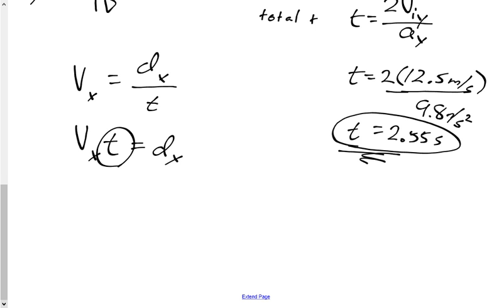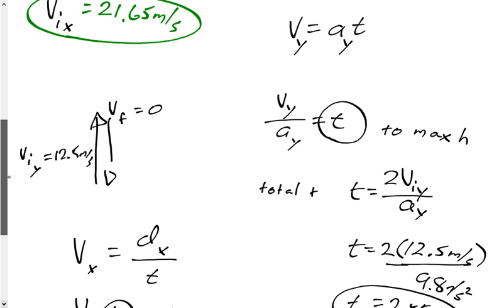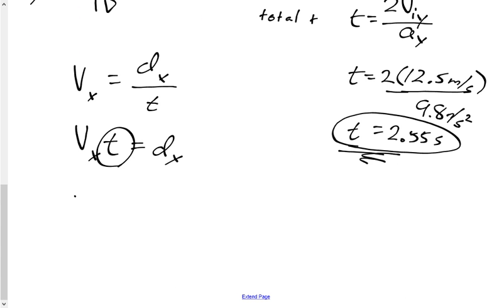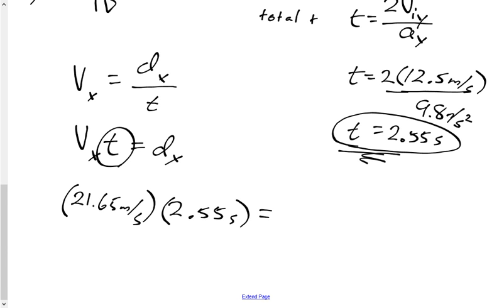It is the 4th dimension. It doesn't have anything to do with the other 3 dimensions, other than that the time it takes for it to go up and down is the same as the time it takes for it to go left and right. So with that, the velocity in the x direction is 21.65 meters per second, times the time of 2.55 seconds, gives us the distance that it will go.